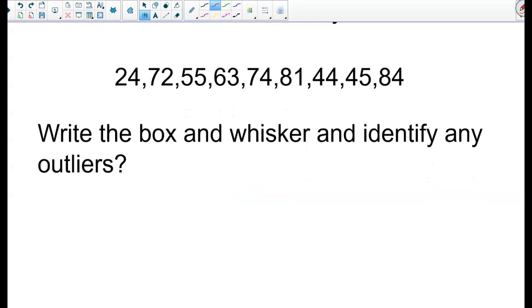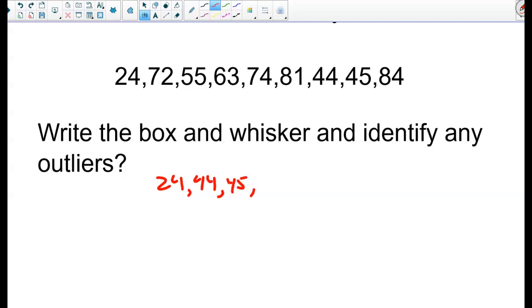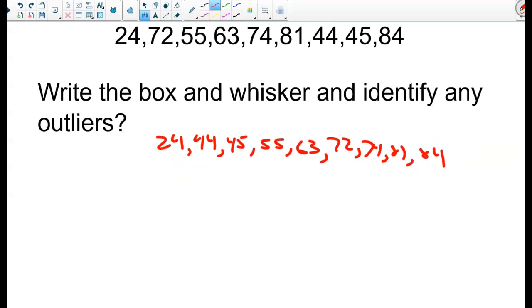All right, this always starts with putting the numbers in order. 24, 44, 45, 55, 63, 72, 74, 81, and 84. And I tend to like to find the median first.